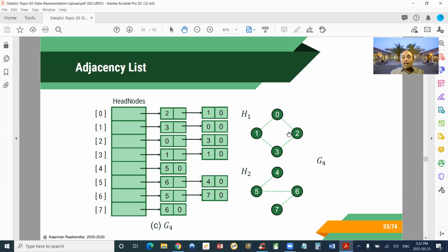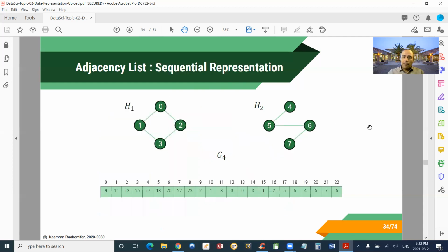But if this is a graph and you want to talk to the computer the other way, you need to actually present it in a fashion that could be understood by the computer. This is a sequential representation. Again, the same graph that I had on the previous page.